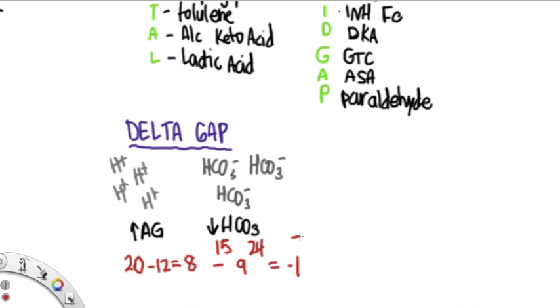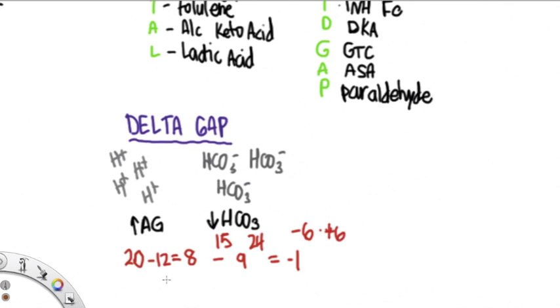And normal is anything between -6 and positive 6. Let's take a different scenario now. The anion gap is still 20, but the bicarb is 23. So the delta anion gap we're still going to say is 8, and the delta bicarb, 24 minus 23, is 1.